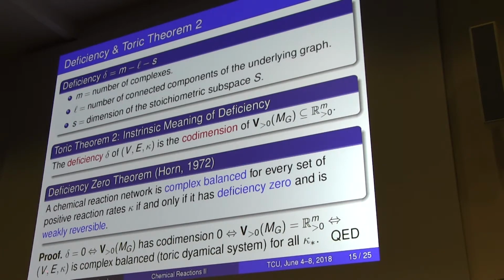But that means that this guy is complex balanced for any choice of K star, because no matter what kappas I pick, they satisfy the system of equations because they're in here. So saying that the codimension is 0 says it works for all K star. So I now have a proof that I believe. Of course, what I'm sliding under the rug is why this is the codimension, and that's why you have to read their paper.